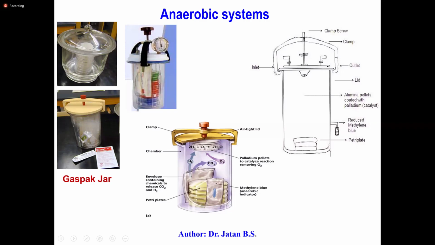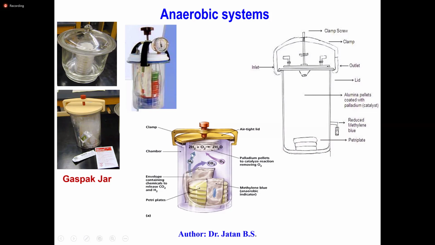This methylene blue, which is blue in color, will become colorless, indicating that now the condition is fulfilled. So this way you can create an anaerobic chamber to culture anaerobic bacteria and keep the blood agar, neomycin blood agar with metronidazole disc, inside. This is the McIntosh Fildes jar which we'll be studying in practical also, don't worry.